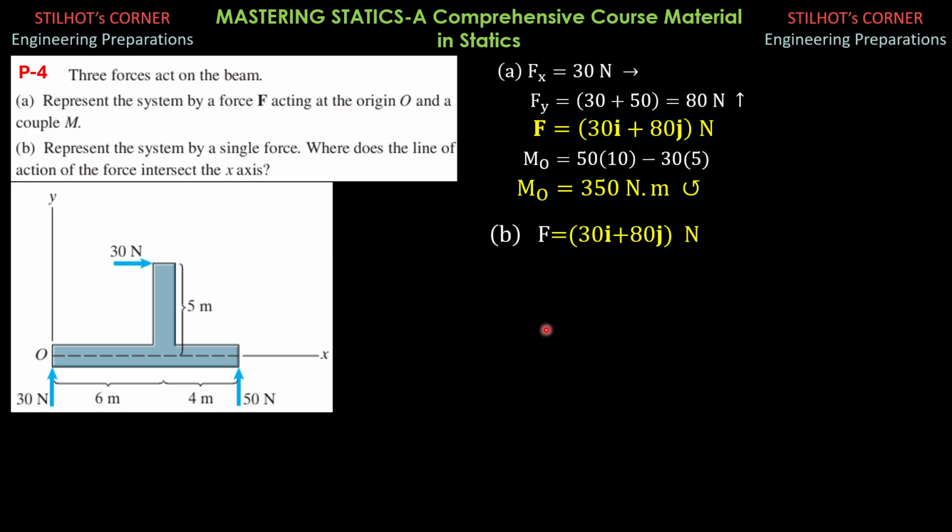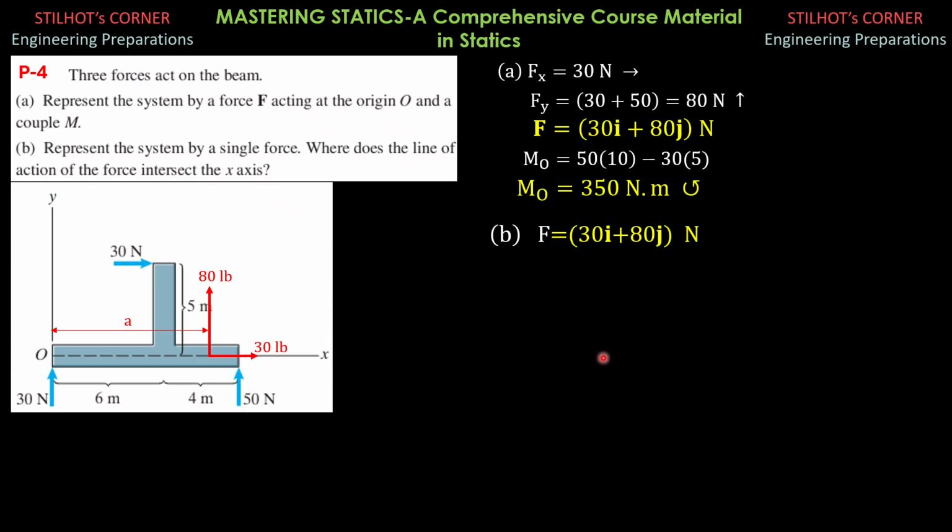And for the line of action, its intersection on the x-axis, reckoned as distance from the origin. So let's have the components of the force on the x-axis. So let us say this is A. These are the components. So only the 80 newton force, the y component, will have moment about O, and the sense is also counterclockwise.